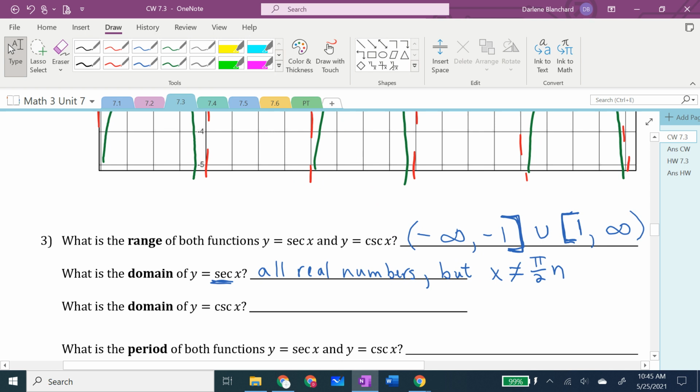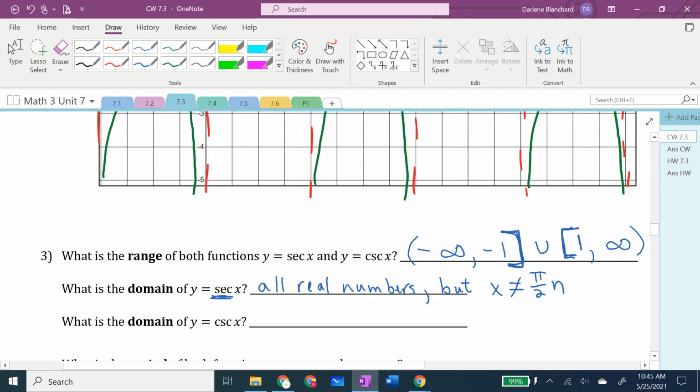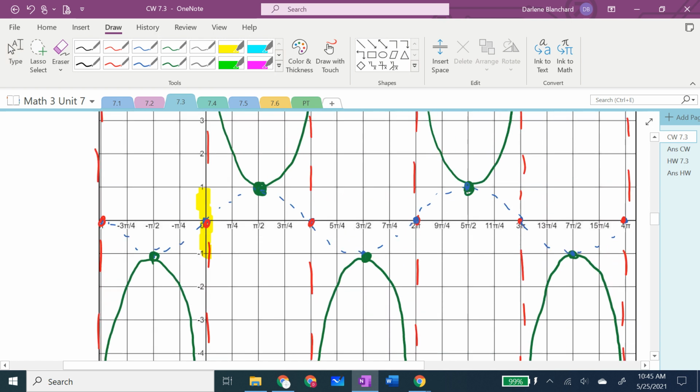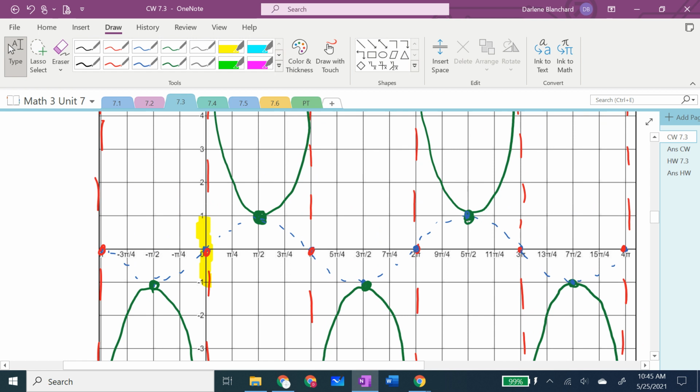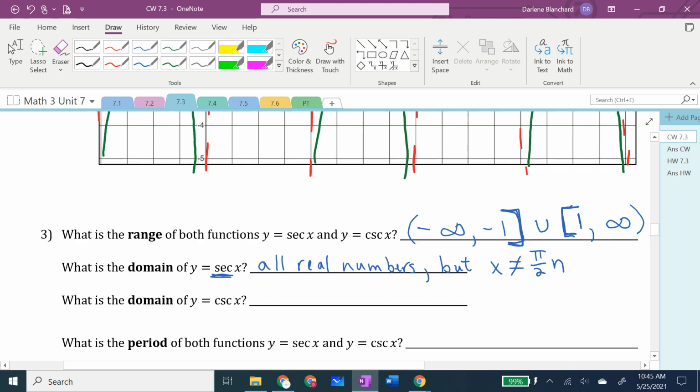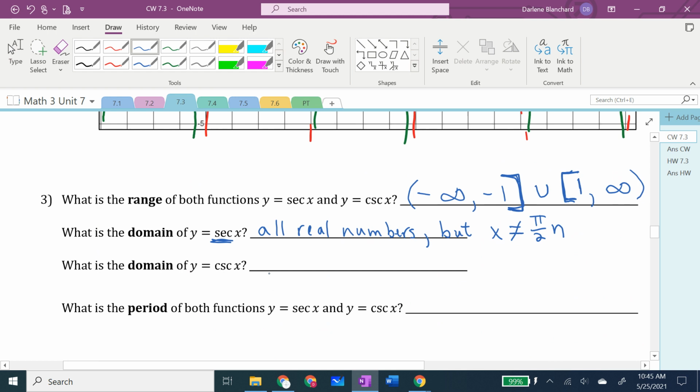When it comes to cosecant, it is sine's reciprocal. Sine is equal to 0 at 0, pi, 2 pi, 3 pi, negative pi, 4 pi. So with that one, you could say that it's all real numbers, but x cannot equal pi multiplied by any number.